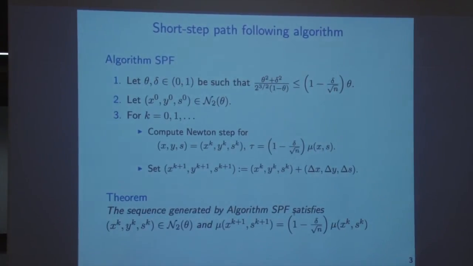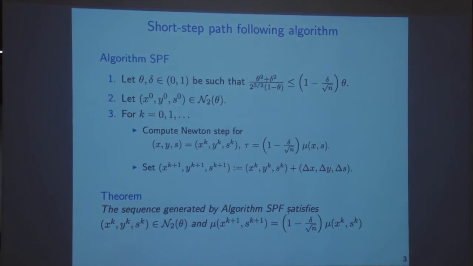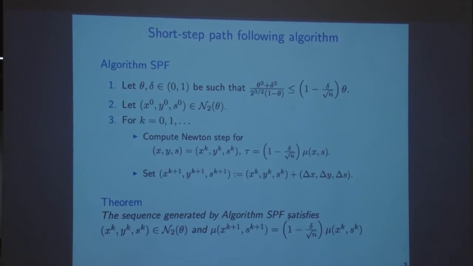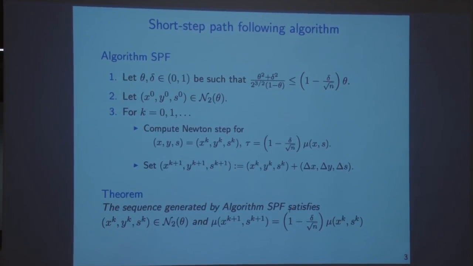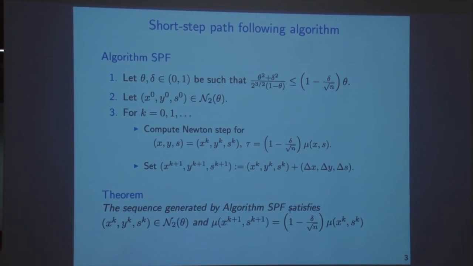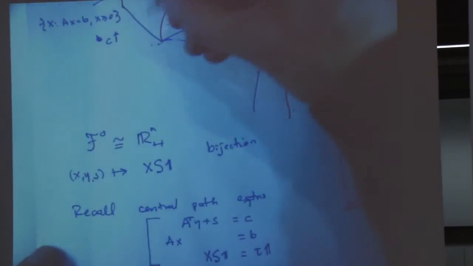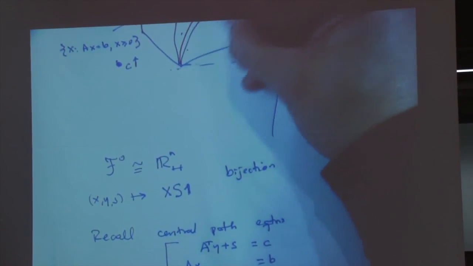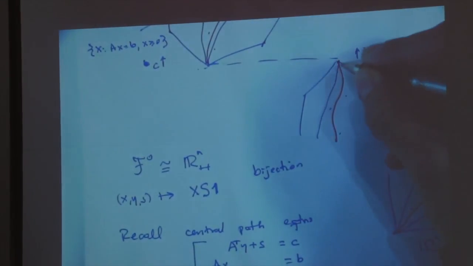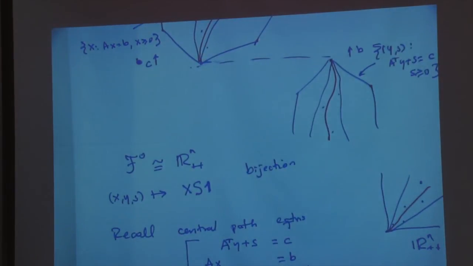And then this was the main algorithm that we discussed last time. It's quite a simple algorithm. You pick some constants. The two constants define two things. They define how close you're going to be to your central path. So the two neighborhood defines some set of points that are near the central path here, or if you think in terms of the original space, the two neighborhood defines some neighborhood of the central path here.